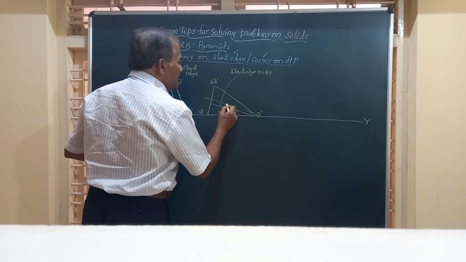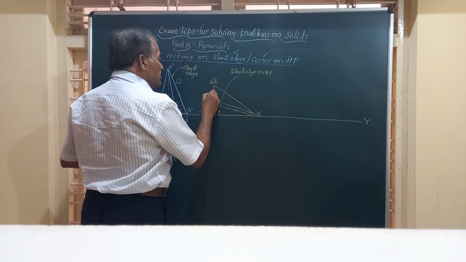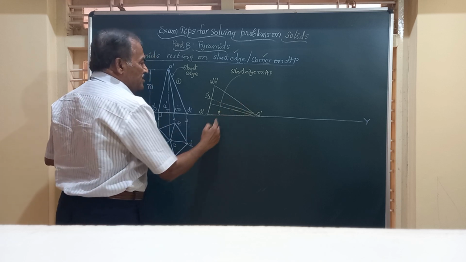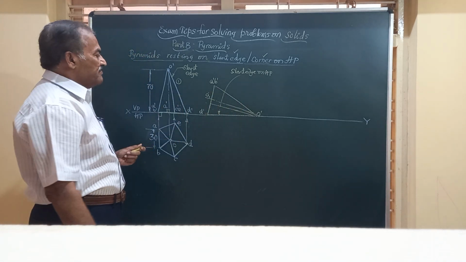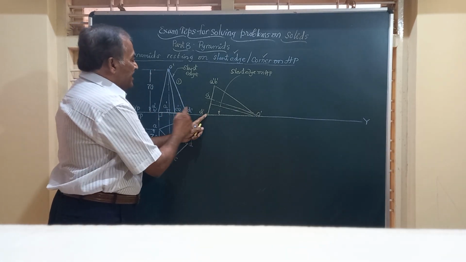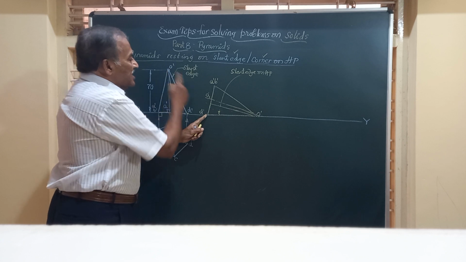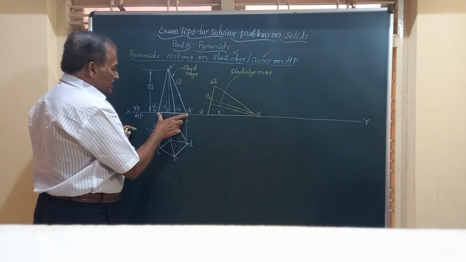Friends, here you can see that the object is resting on this slant edge on HP. And friends, how to construct these figures is also important. O dash D dash has to be on HP. So take D dash and a length equal to O dash D dash. Mark this on XY. Then you know this length.